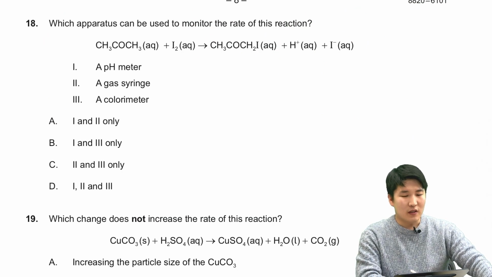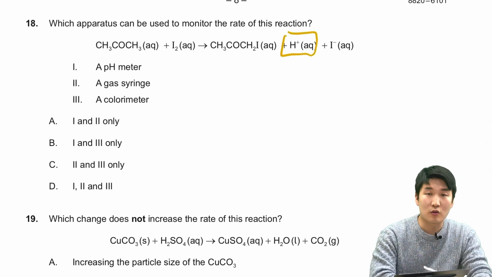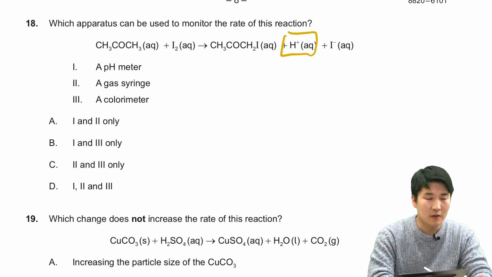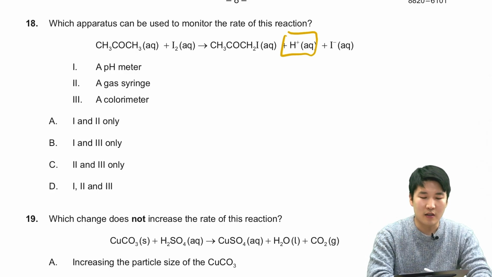Reaction rate monitoring. Let's see what features of this reaction equation we can utilize. I do see protons, so we could probably target acidity. The products will be more and more acidic than the reactants.